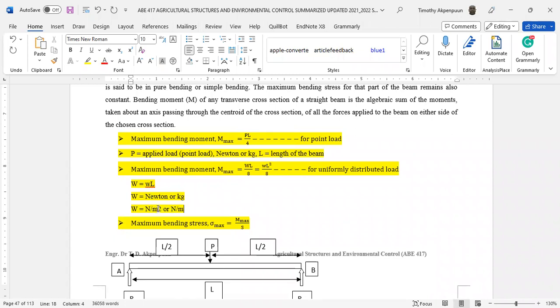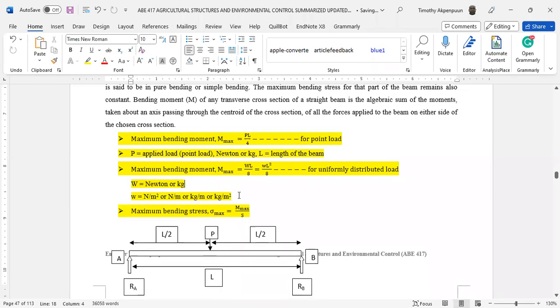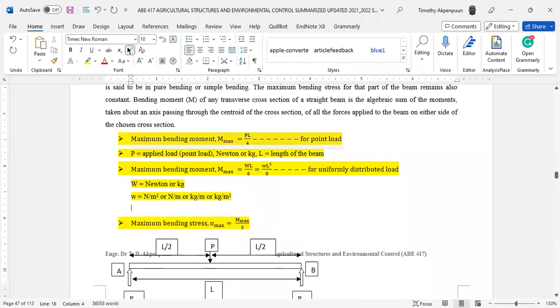The other W, you wrote it in capital letters, sir. I'm changing it to small w. So by the time you multiply your small w by length, you now have your capital W. Understood?